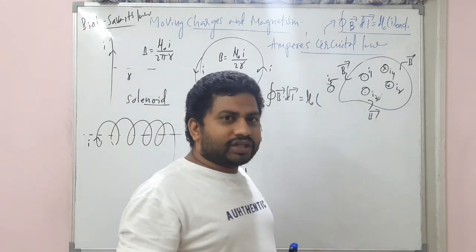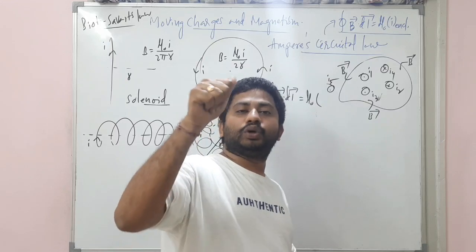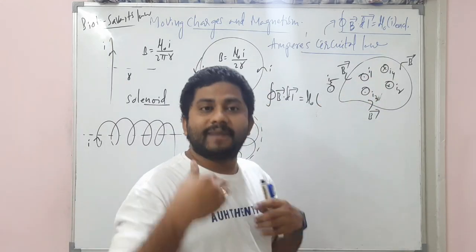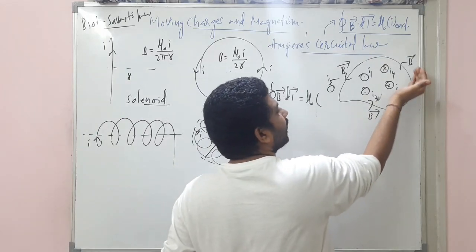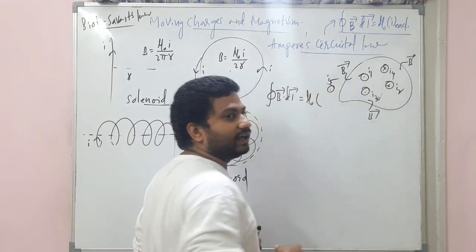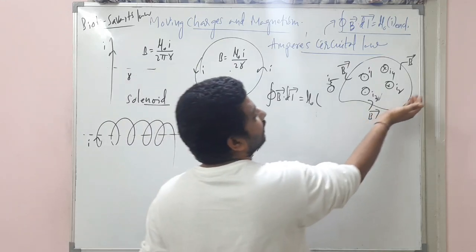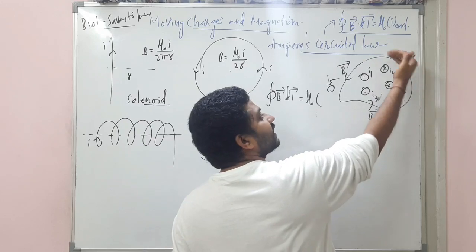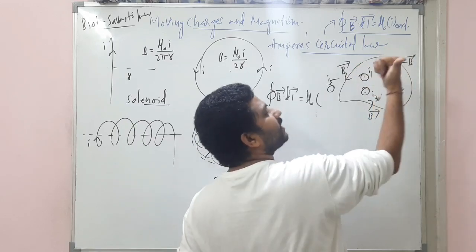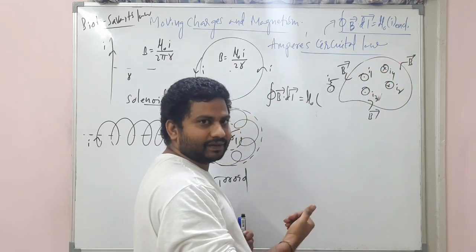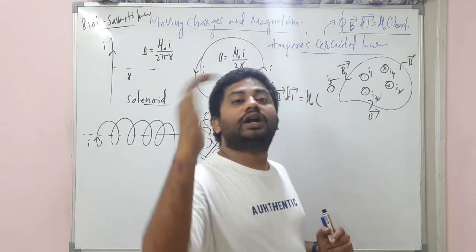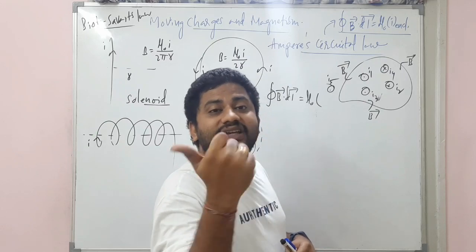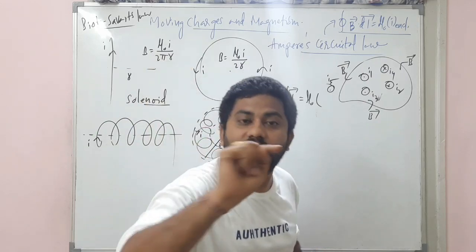Listen. By using our right hand thumb rule, you can find the sign convention to write these currents. Imagine the curl of the fingers represents the magnetic field. When you adjust the curl of your fingers in the direction of the magnetic field, the thumb direction currents are to be considered as positive.